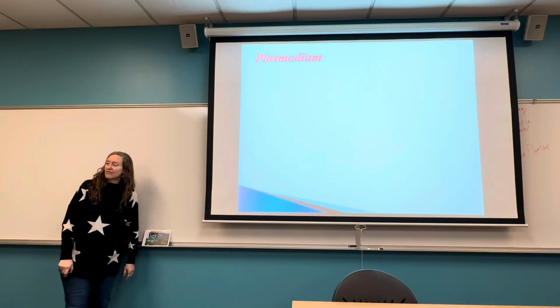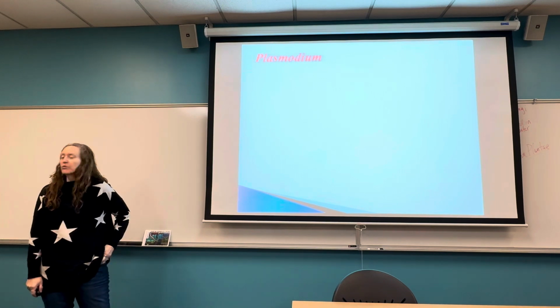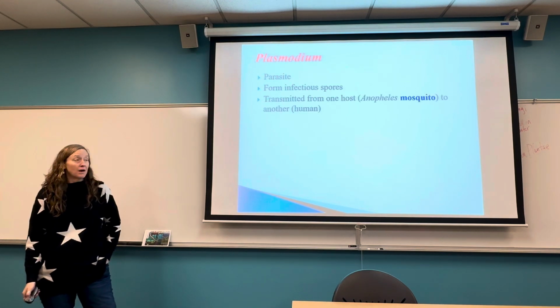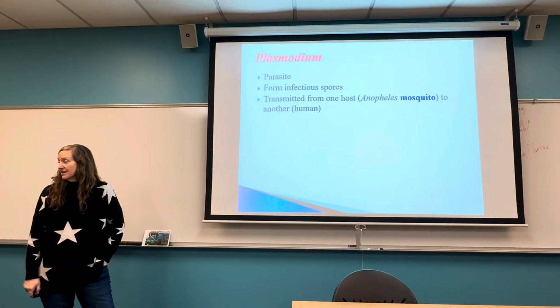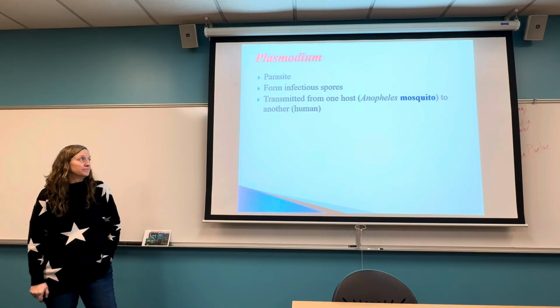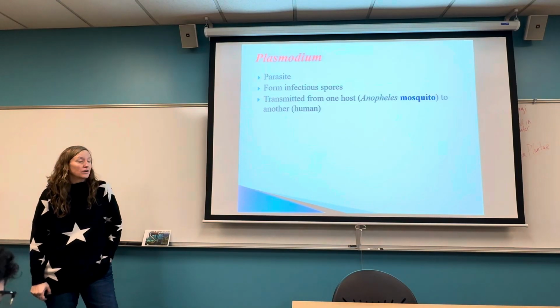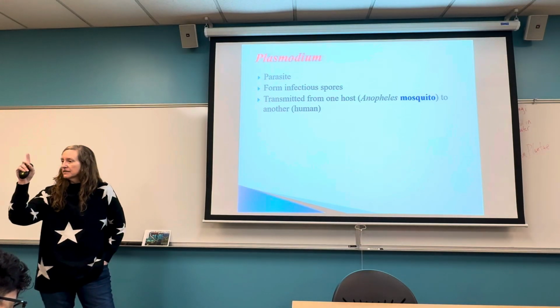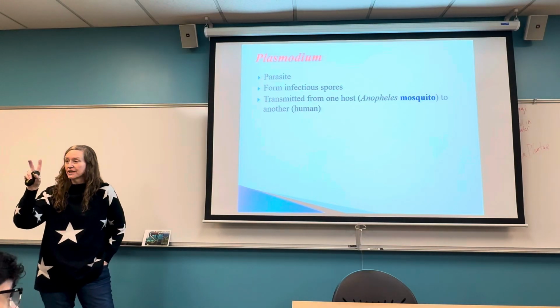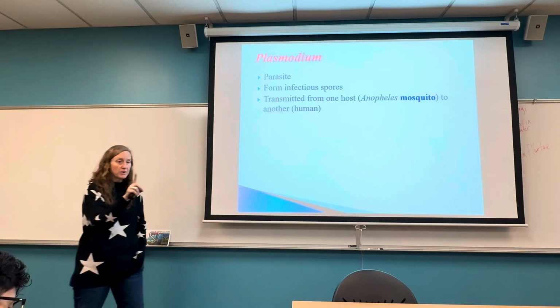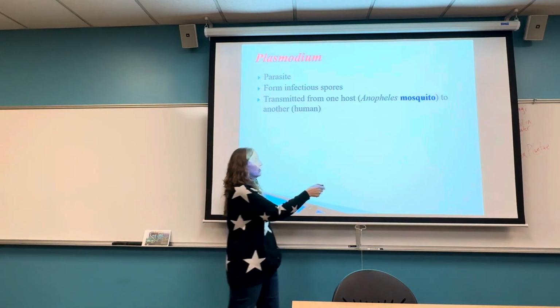Another kind of animal-like protists are Plasmodium. Plasmodium are a parasite that causes malaria. This is another interesting thing: they have two hosts, a primary and a secondary host. The primary host is the mosquito.